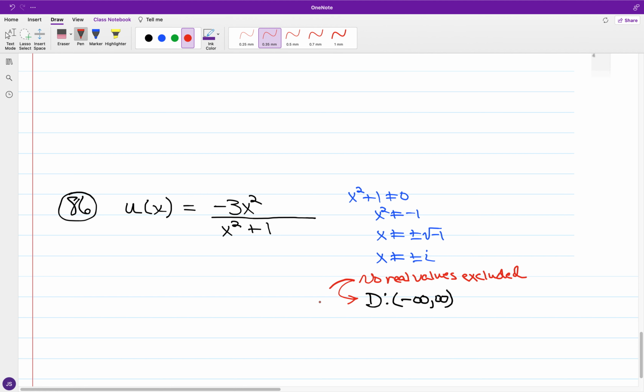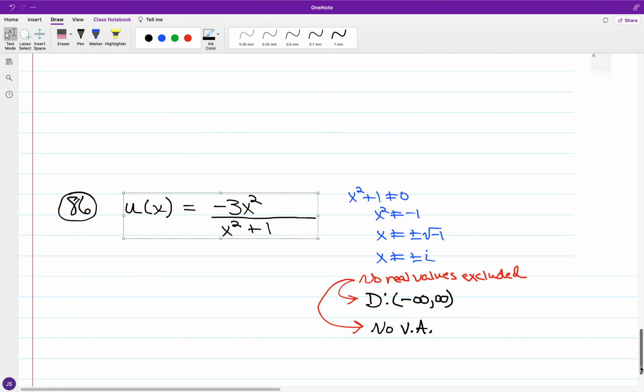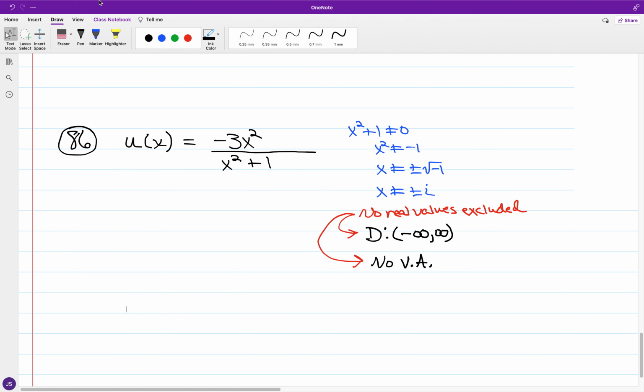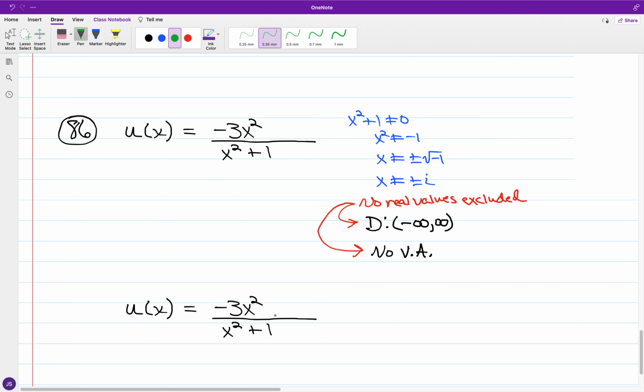And also with no real values excluded, there's nothing that can become a hole or a vertical asymptote. In terms of any possible existence of an asymptote, in the case of the numerator and denominator, the degrees will each be 2.